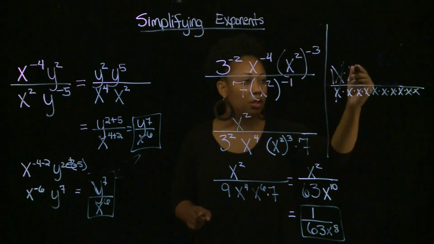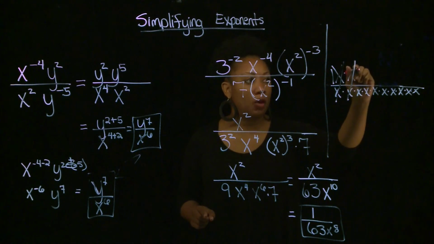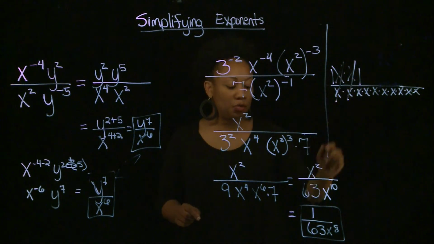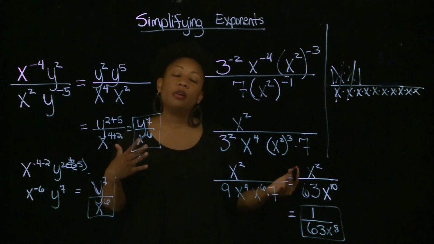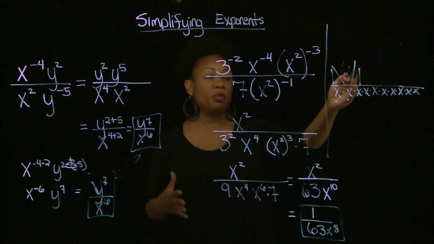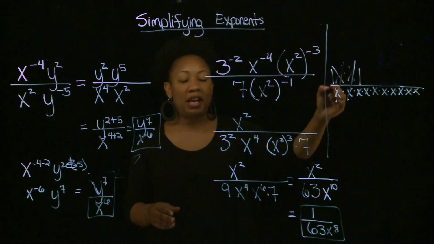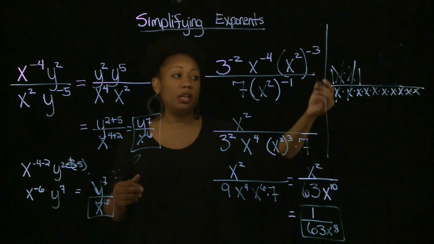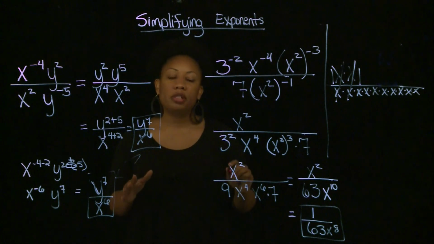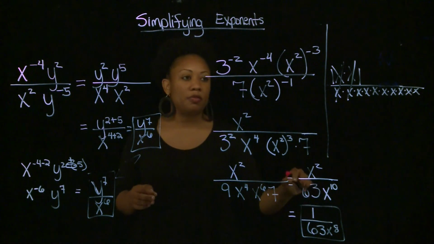So I could put a 1 here. This is becoming a 1. Okay, 1 times 1 gives you 1. That might help if you get confused on what to put up here. It's not a 0, it's a 1. Because x over x, any number divided by any number, or any letter divided by itself, always equals 1. So that's where that 1 comes from.